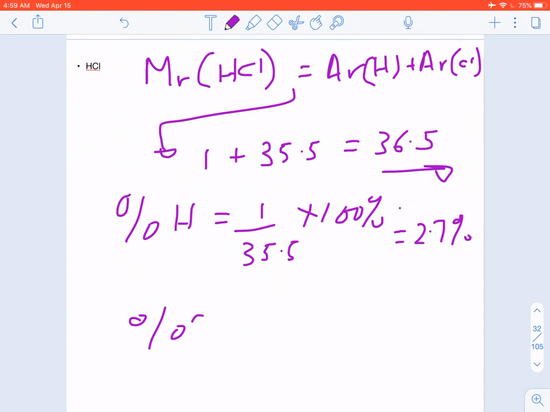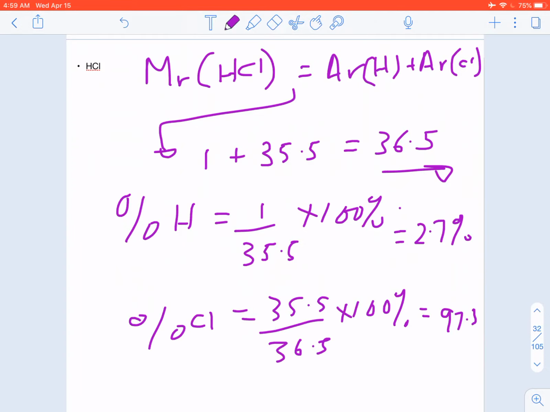And percentage Cl is equal to 35.5 upon 36.5 times 100%, which will give us 97.3%.